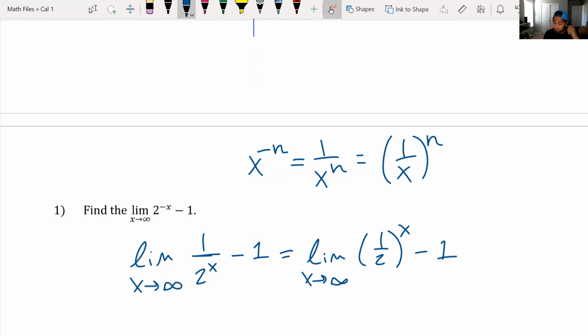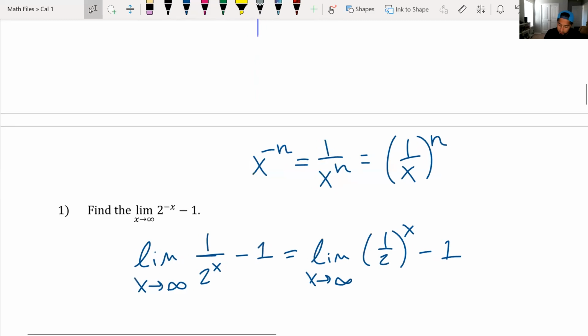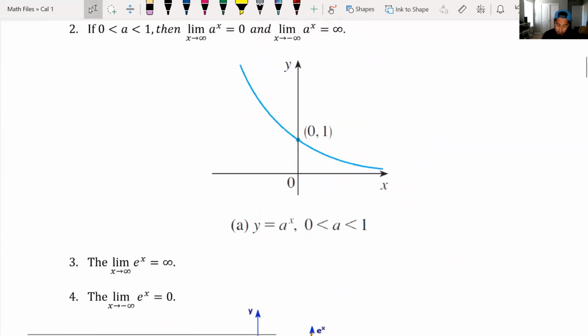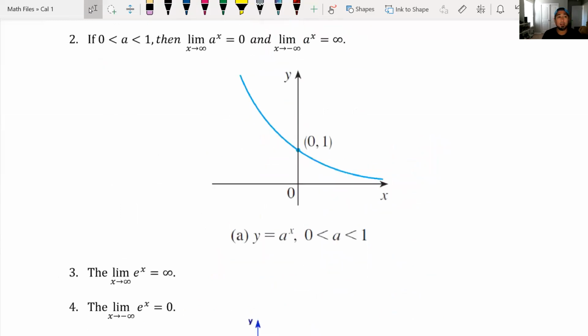Okay, and now we see that on the exponential expression, this base is between 0 and 1. So if we look up at our properties for number 2, if the base is between 0 and 1, and as x approaches infinity, the limit of the exponential function a to the x will be 0.